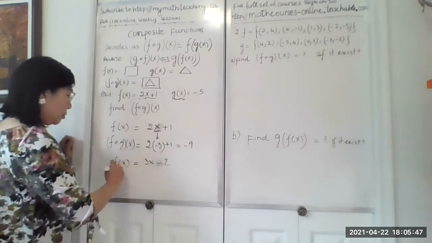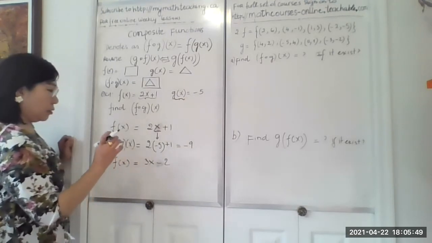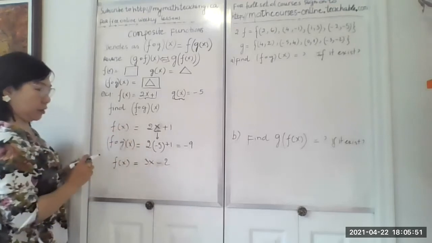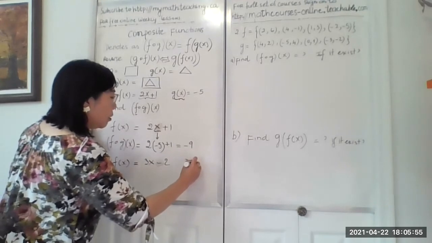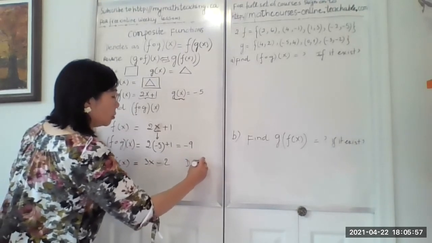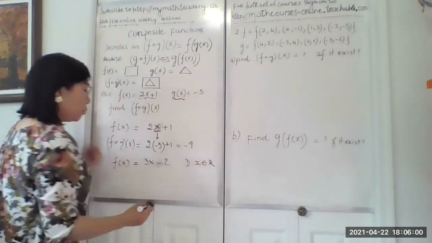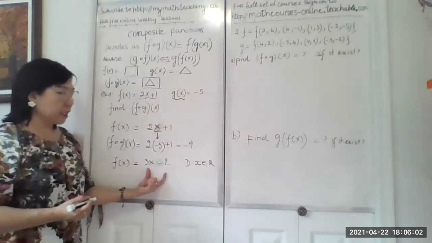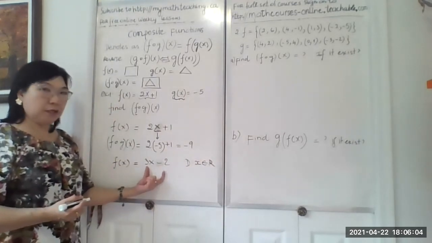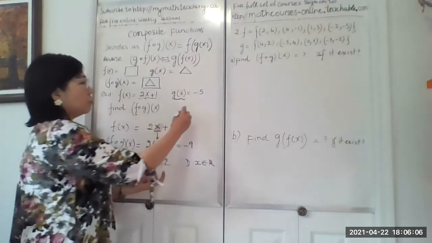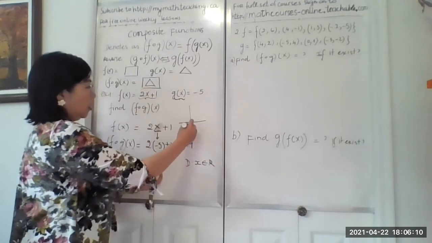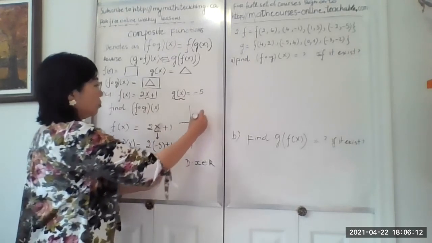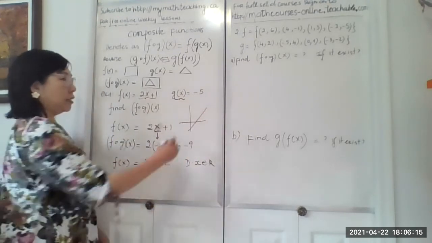Now, this is a linear function. So the domain of this is x belongs to the real numbers. So we do not restrict anything. x can be any number because this is a linear function. So if you draw it on the graph, 3x minus 2 could be something like that, right?